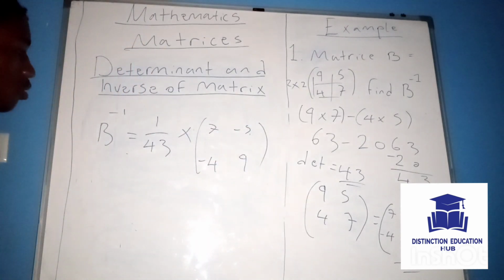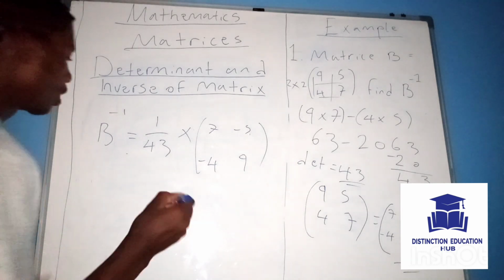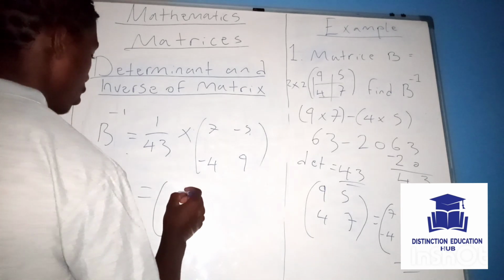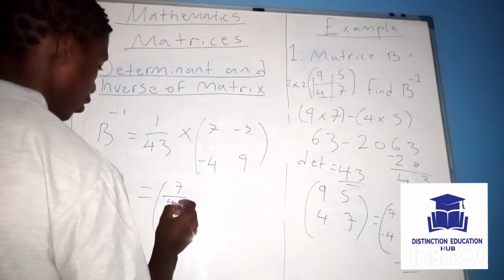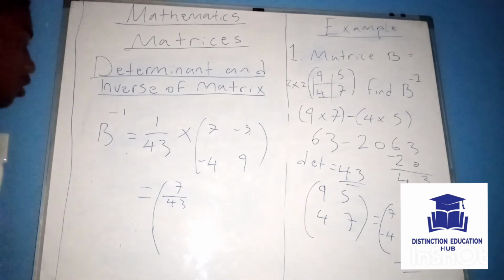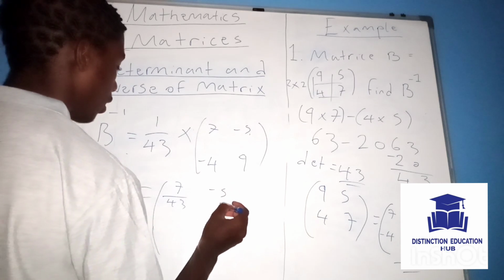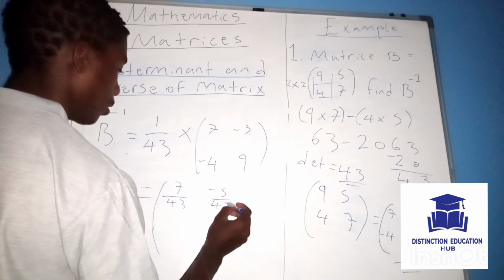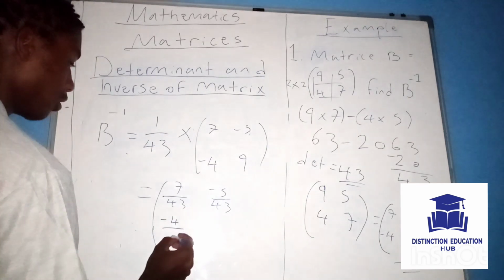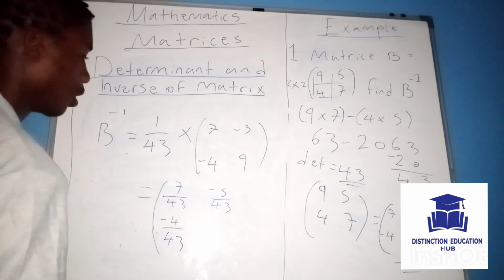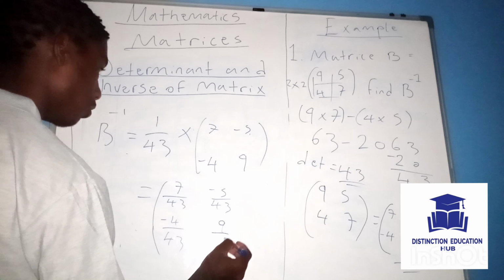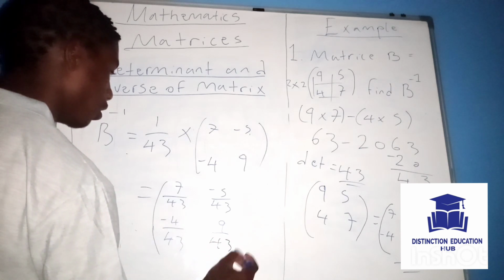After you multiply, you get 7 over 43, -5 over 43, -4 over 43, and 9 over 43.